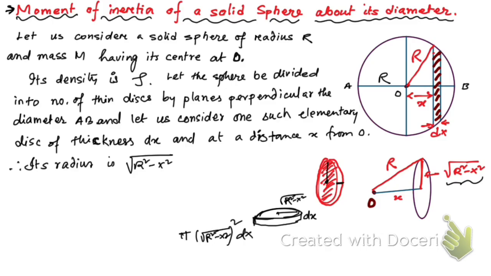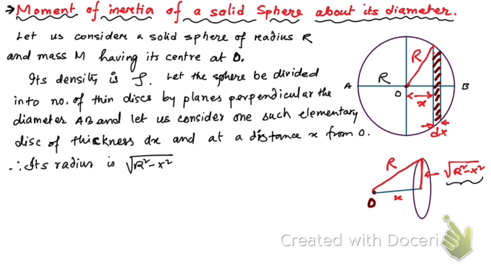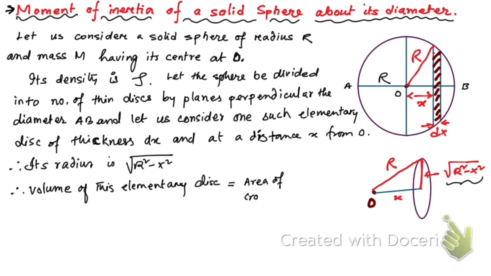So therefore volume of this elementary disc is equal to its area of cross section into thickness, right?